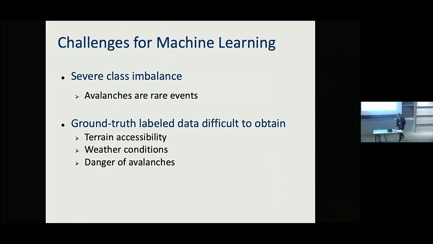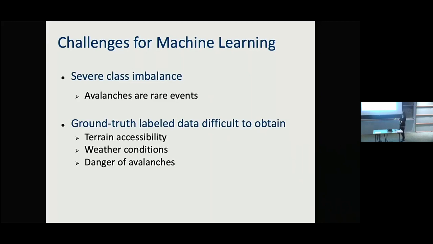But seen as a machine learning problem, this is interesting from the perspective of severe class imbalance. This is true anytime you have rare events and severe limitations on the amount of labeled data that you can have.